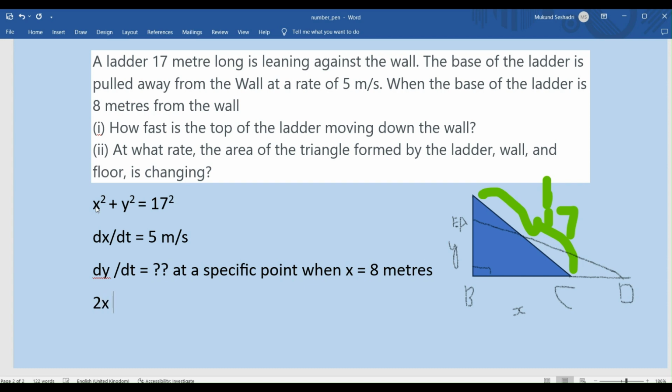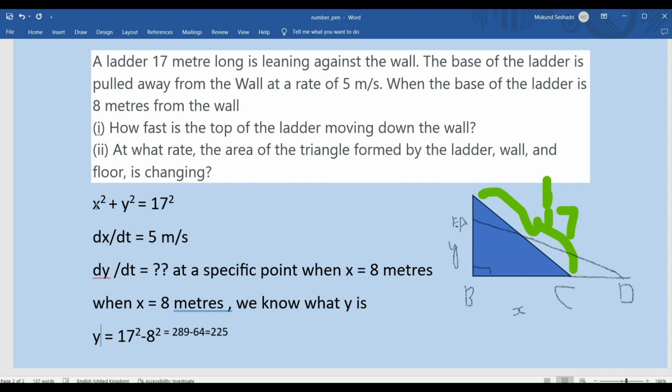So when x equals 8 meters, we know what y is, right? y is the square root of 17 square minus 8 square, which is 289 minus 64, which is 225.